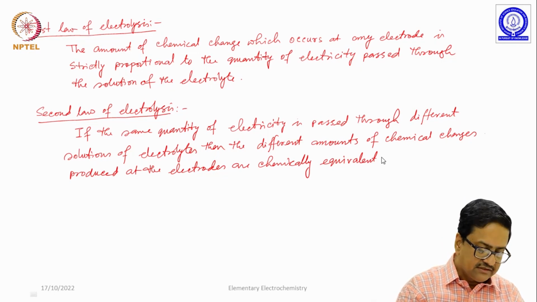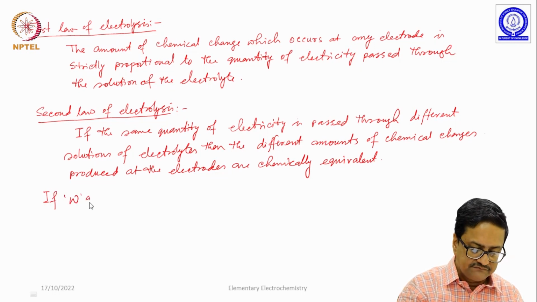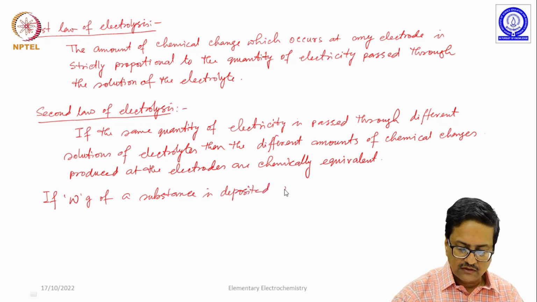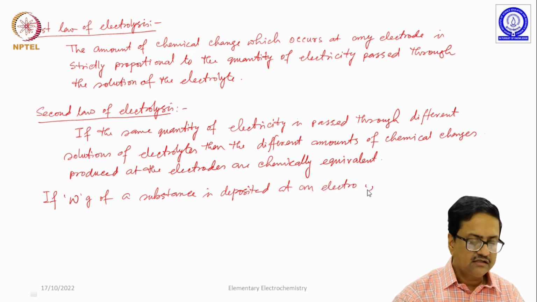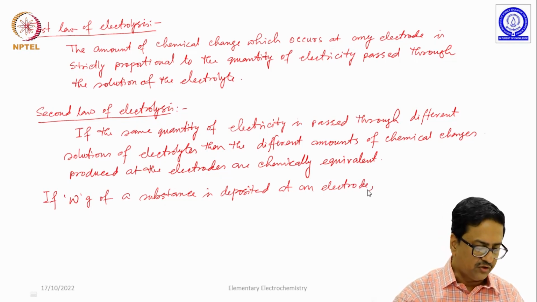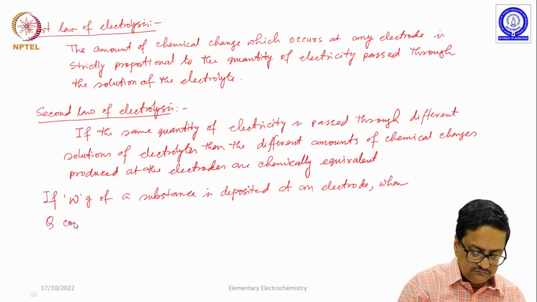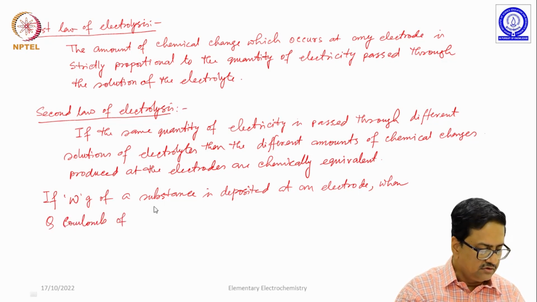So it essentially indicates that if W gram of a substance is deposited at an electrode, here deposited means either it is really deposited or evolved at an electrode, when Q coulomb of electricity is passed.